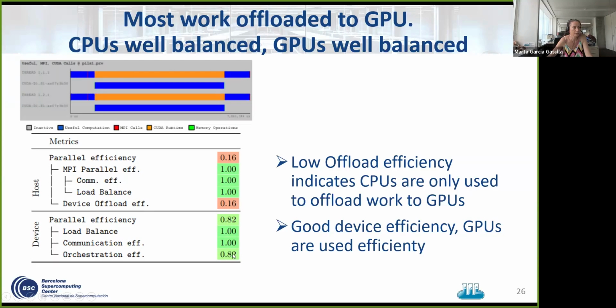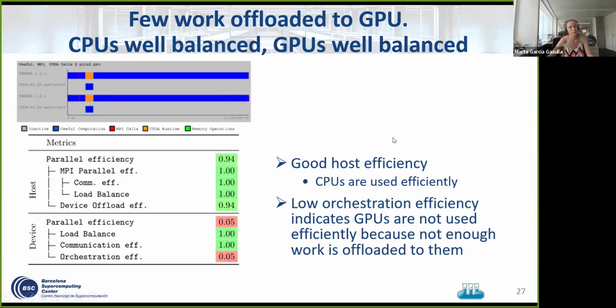In general, all the metrics are quite high, which indicates that the device is being used efficiently. The GPUs are busy most of the time, and the only time they are idle is because they don't have more work to do from the host, and this is reflected in the orchestration efficiency.